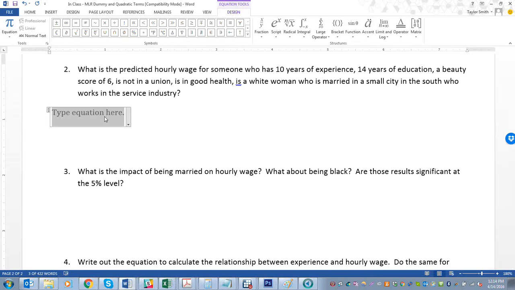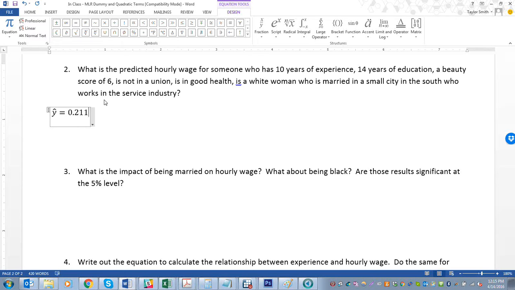So the first thing, a lot of people forgot this the other day, is we're going to have y hat, and I can actually do this a little fancier because I'm in the equation editor. Ta-da, y hat. Okay, y hat is equal to, so this is our predicted y. The first thing you want to have is your intercept.